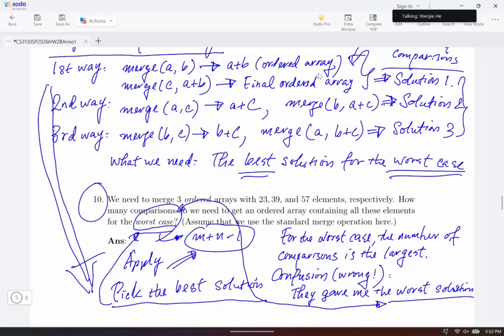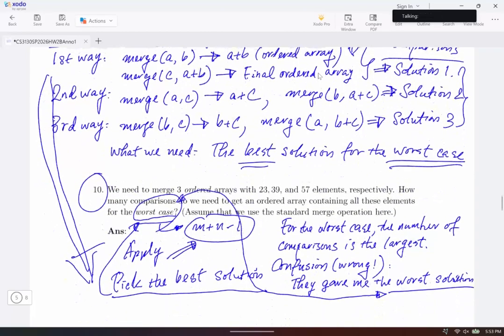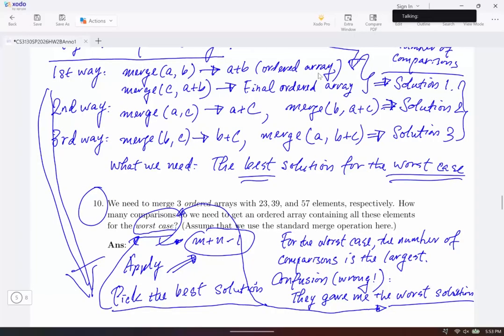In total 4 points, if you pick the worst solution, you will lose 2 out of 4 points. Okay? And we know these 3 ways, that's all the possible ways. So that's all we need to compare. Total 3 ways.